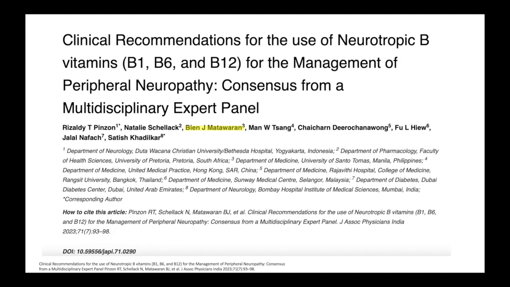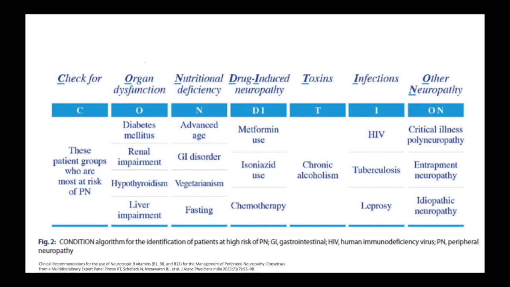I also had the opportunity to review the data on neurotrophic vitamin B in the management of peripheral neuropathy. In this article, we identified those patients who may be at risk of developing B deficiency and may need B supplementation, particularly patients with diabetes on long-standing intake of metformin.